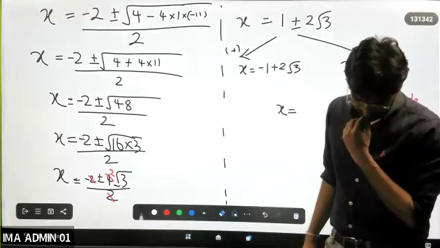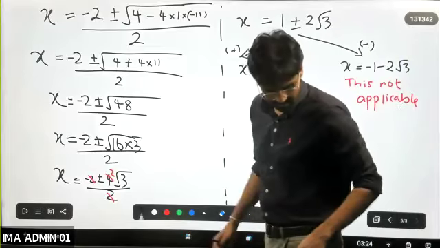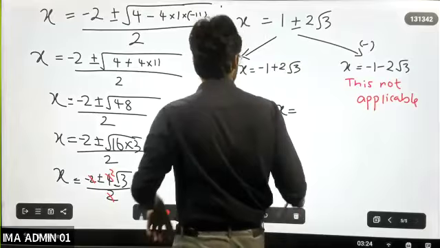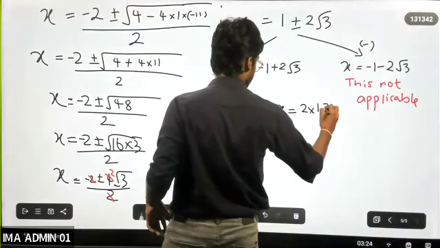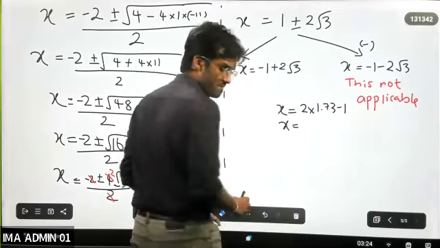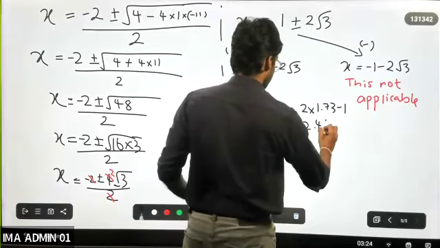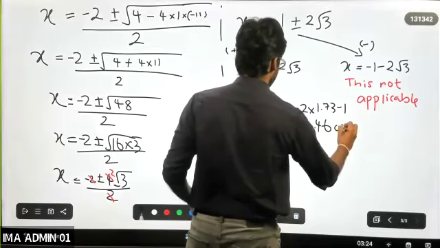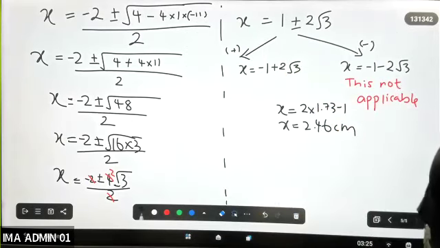So which means 0.73 minus 1... X will be having a value like 2.46 once you calculate it. Right? That's it. Now there's another part.